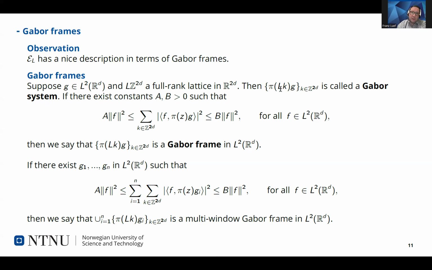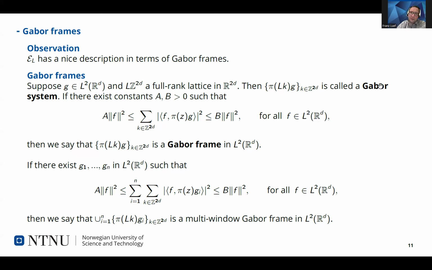So you pick your lattice L in R^2d, and you pick all the time-frequency shifted versions of an L2 function. This is in general an overcomplete system, and it's also not independent. So it's a priori not clear how to define when these are nice systems.